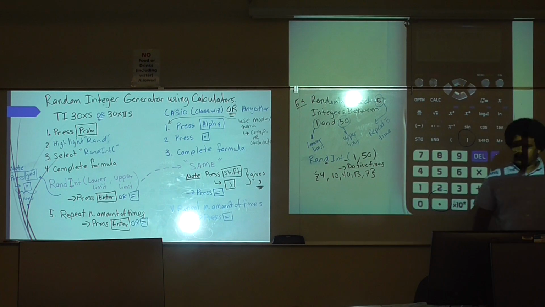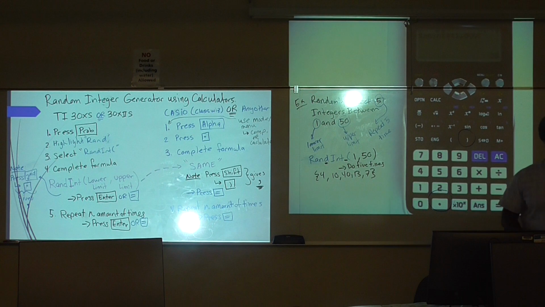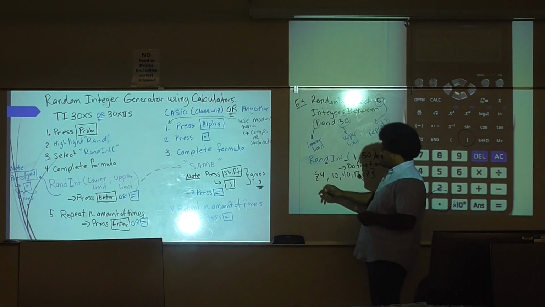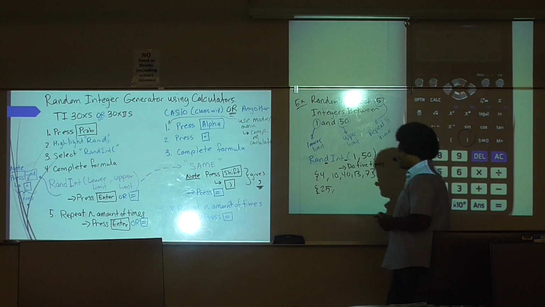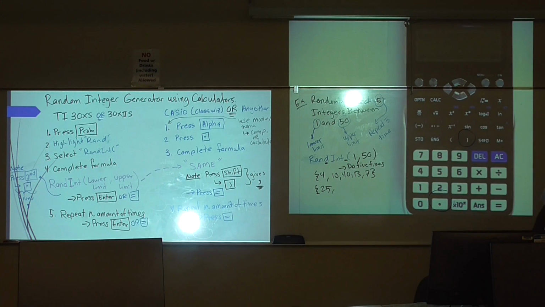Now I gotta just press enter, or in this case equals. And we'll definitely see 25 this time for this one. So the same thing's happening. Except for this one here, we see 25. And I just repeat it one more time, because what we need is 5.